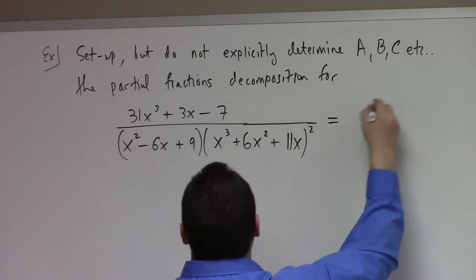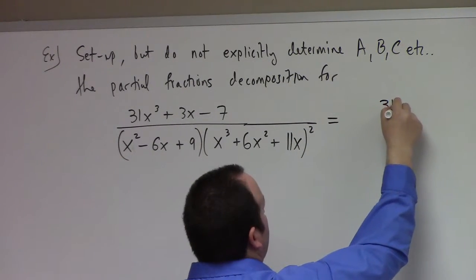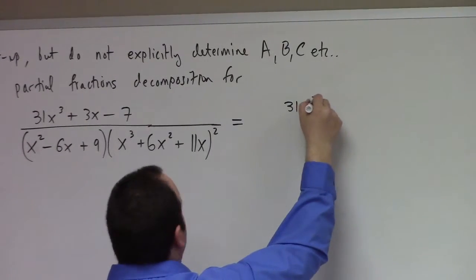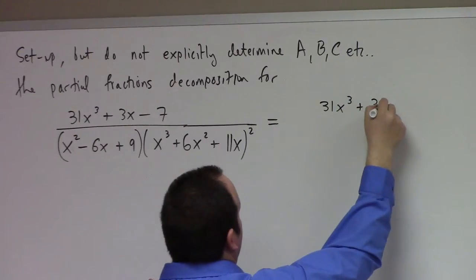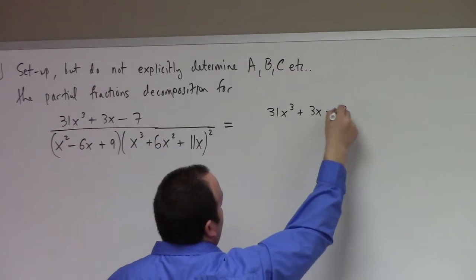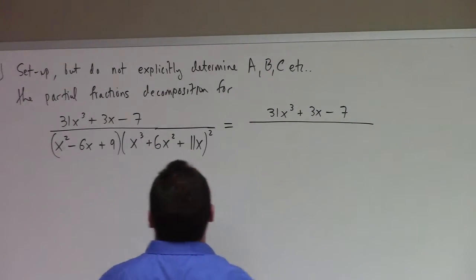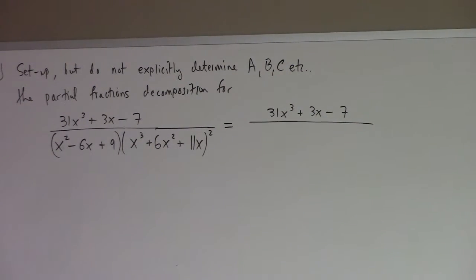So the partial fractions decomposition is completely governed by the denominator because we have a what? Proper rational function, right? The denominator is 8th order.